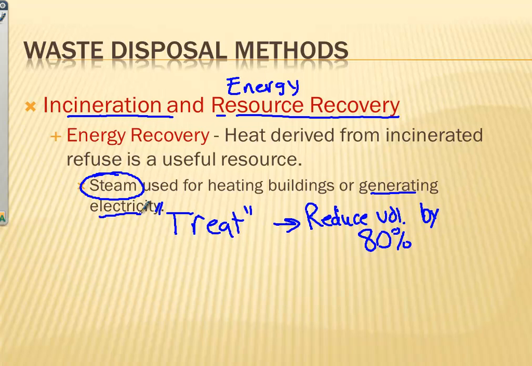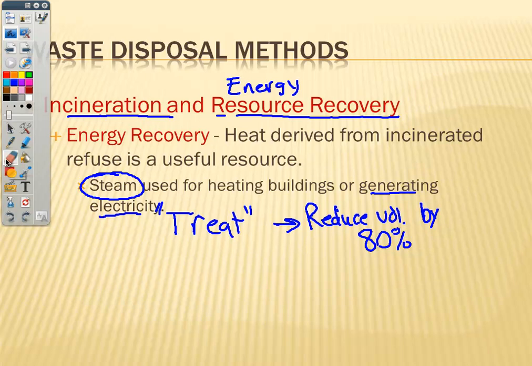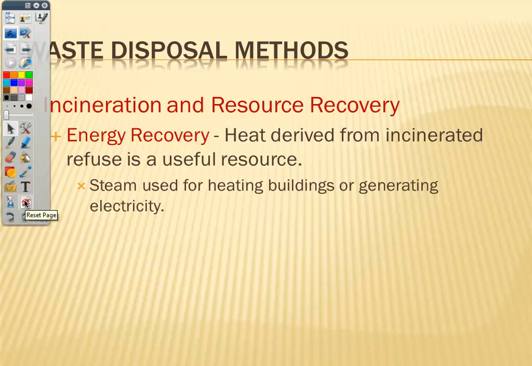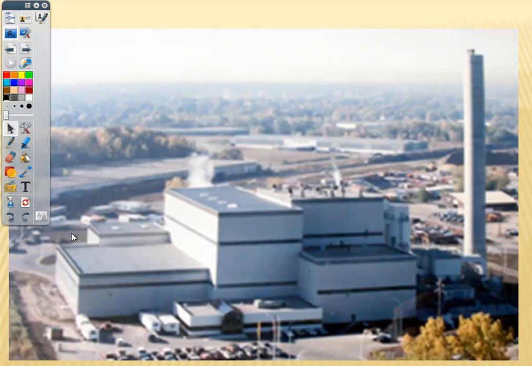Now, I've been able to visit a couple of these plants. I was able to be inside these, and although they're very intimidating, it at least gives us an option that we didn't have before for our trash. So it gives us something to look at. Let's take a look at what an incinerator looks like. This one you're familiar with. This is the one in Conshohocken.